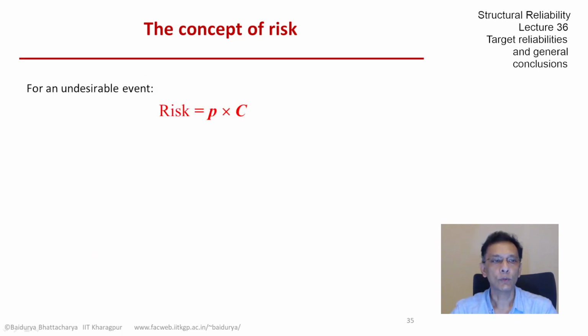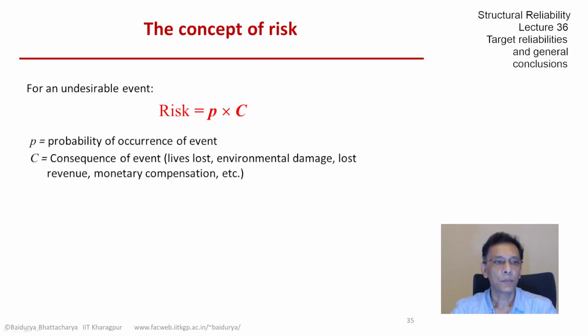And so for an undesirable event, risk is P times C, the probability of occurrence of the event times the consequence of the event. And now we go back to what we discussed in the title slide, that there's a range of consequences possible, starting from lives lost being the most severe, environmental damage, and then monetary losses. Now this risk is a technical term.